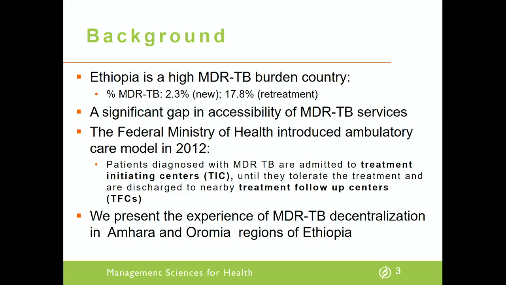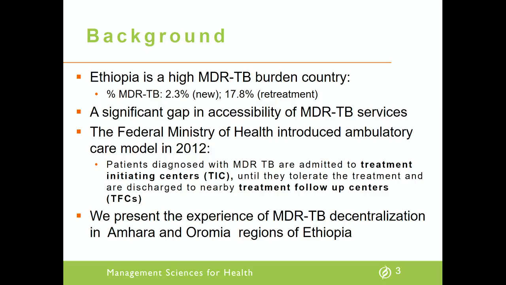To give you a bit of background about Ethiopia, this country is located in the Horn of Africa, and Ethiopia is among the countries with high TB, HIV, and MDR-TB burden. According to the national survey, MDR-TB burden is about 18% among retreatment cases.